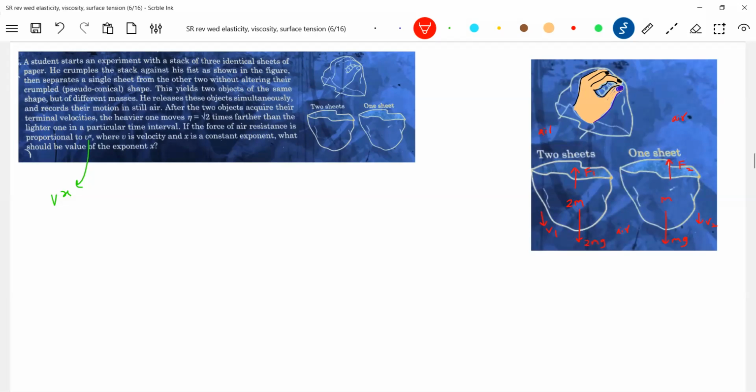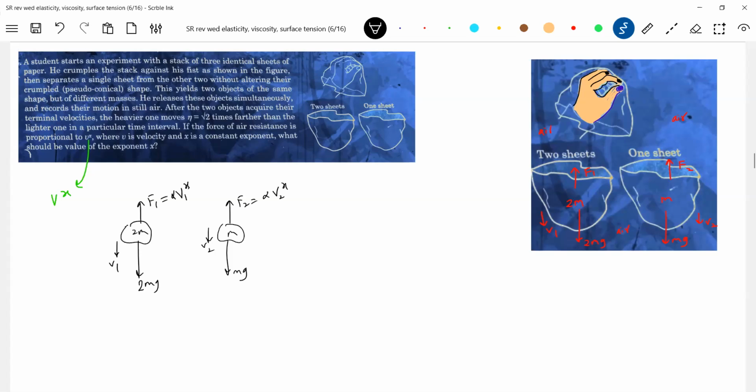So here, I'll make it small for our understanding purpose. So this is 2mg. The viscous force acting here, it's having speed v1, it is having speed v2. So it should be proportional to alpha v1 to the power of x. So here this viscous drag will be alpha v2 to the power of x.